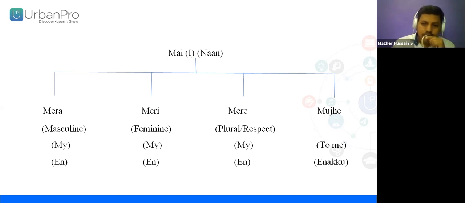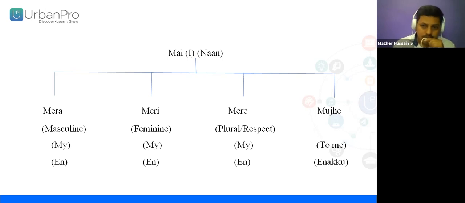In Tamil we say en. So in English and also in Tamil, we use only one word, which is my. But in Hindi we use three words for my. The first word is mera, which is used for masculine.